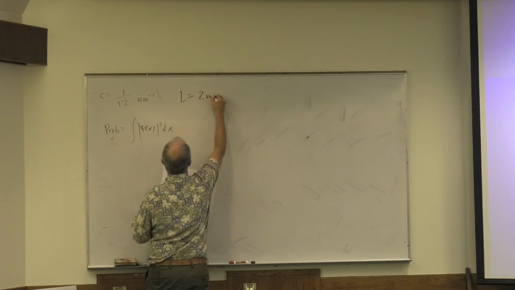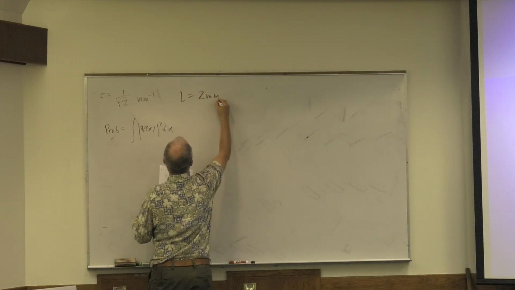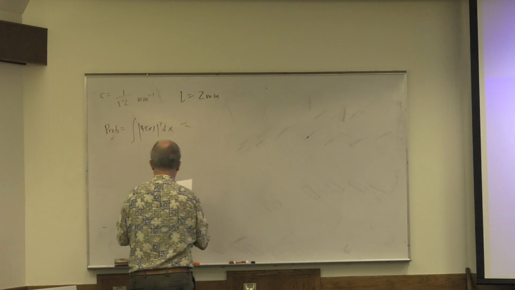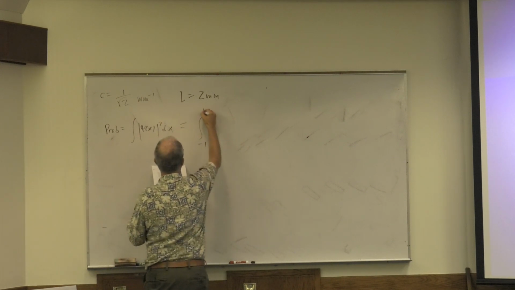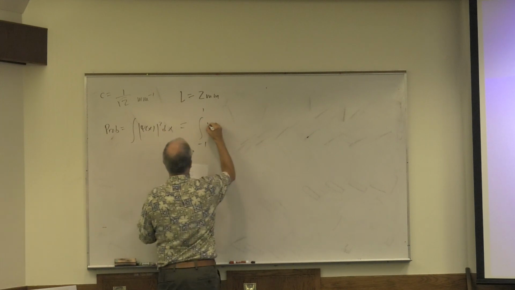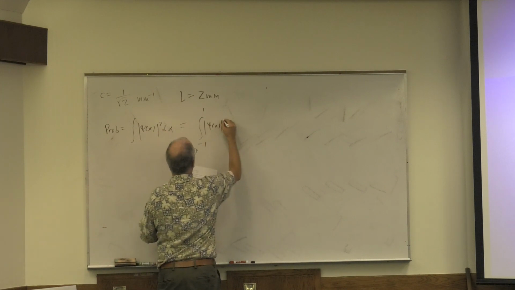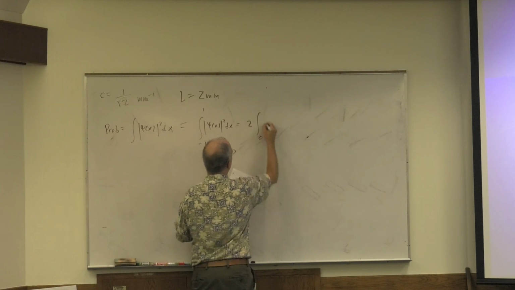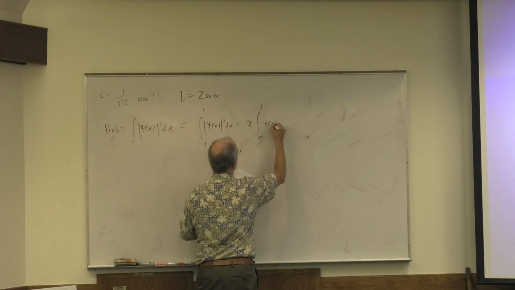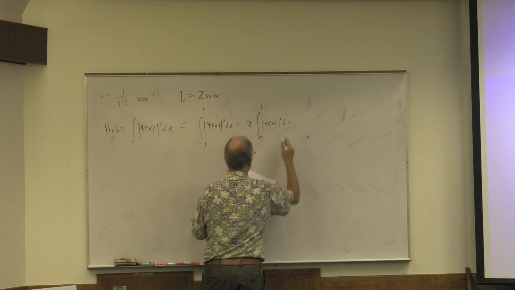So that's equal to the integral from -1 to 1 of psi of x squared dx, but it's an even function. So 2 times the integral from 0 to 1 of psi of x squared dx.